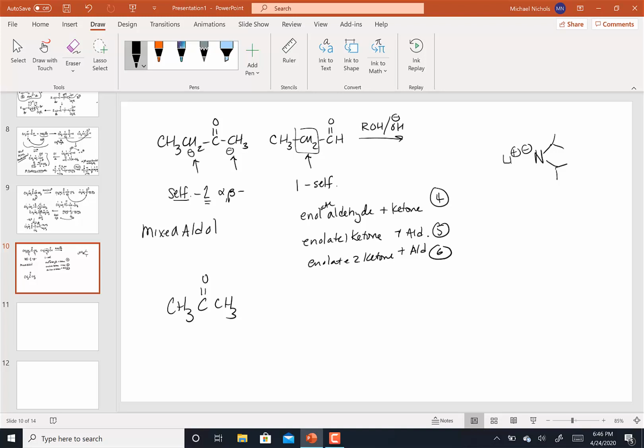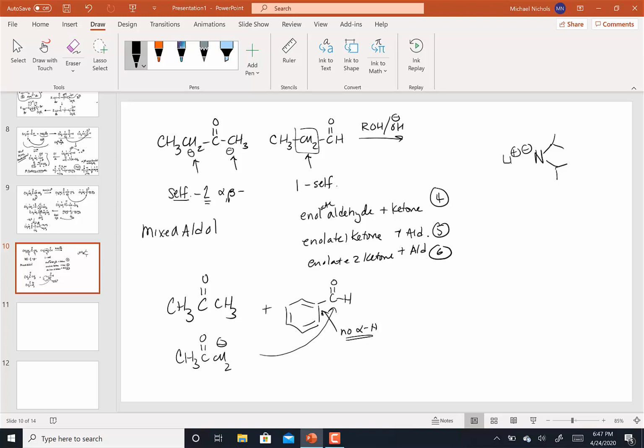But if you use a symmetrical ketone and you were to react it with something like benzaldehyde, where there are no alpha hydrogens, then you only make one enolate, and so that one enolate is going to react with the aldehyde simply because this aldehyde of benzaldehyde has no alpha hydrogen, so it can't form the enolate.